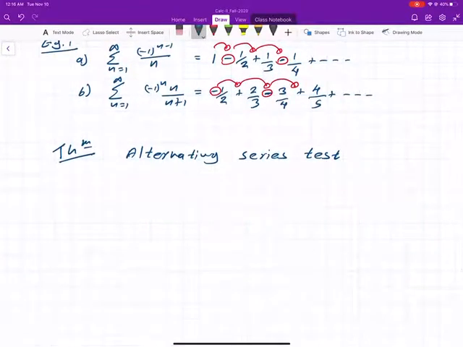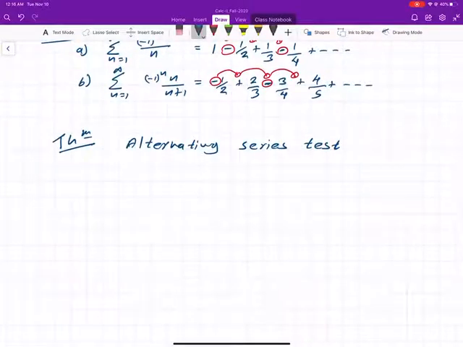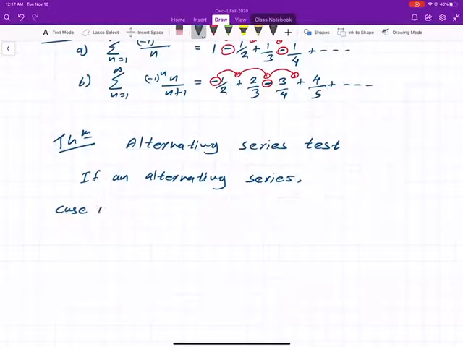Alright, first of all, I just discussed two cases. If an alternating series, case 1, let's say you have something like sigma n goes from 1 to infinity, negative 1 to the power n minus 1 times bn.